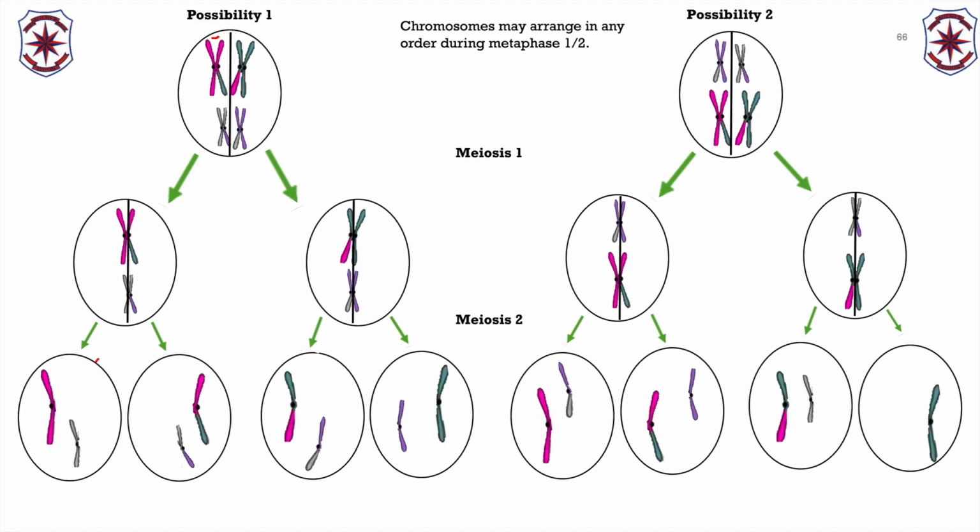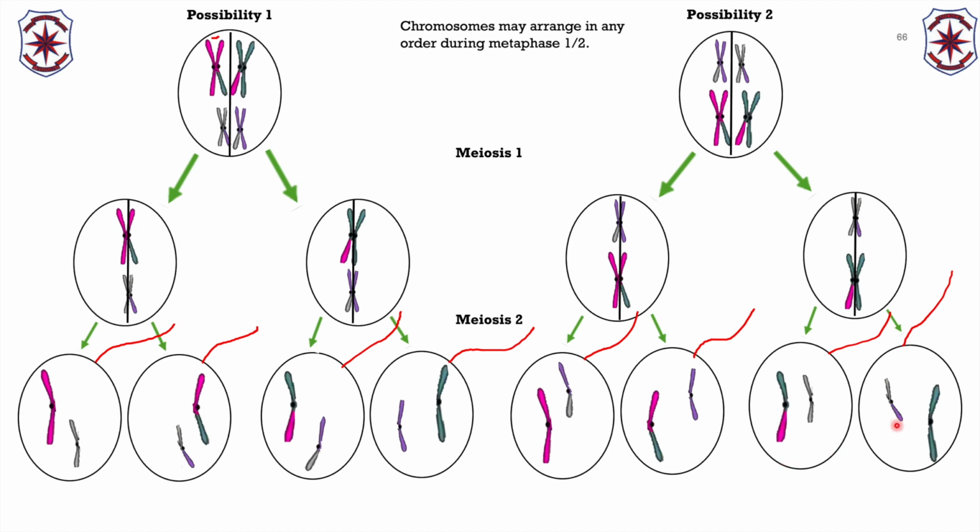So if these were sperm cells, if all of them were sperm cells, remember I said to you, meiosis produces millions of sperm cells every single day in males. So if all of these were sperm cells, for instance, all these sperm cells would be genetically different from each other. So during sexual reproduction, if all of these sperm cells fertilized different ova, the children or the offspring resulting from these 8 fertilizations will be genetically different from each other.